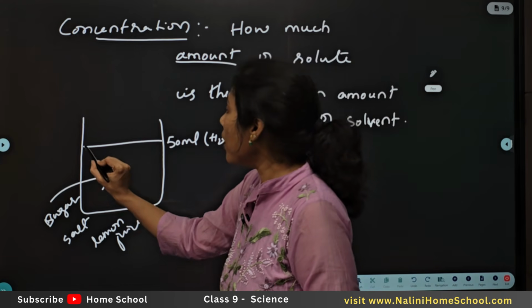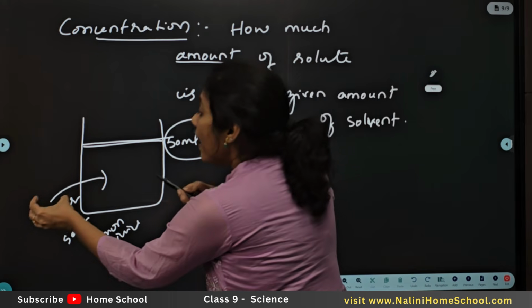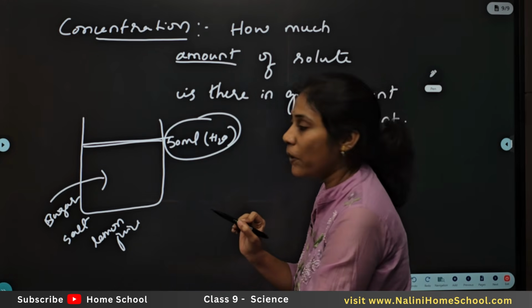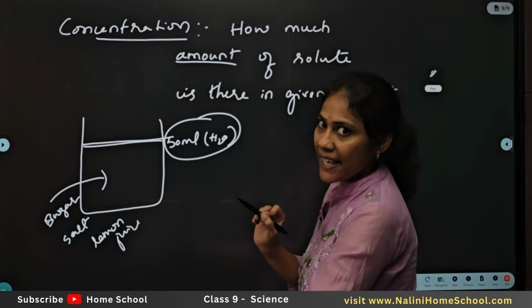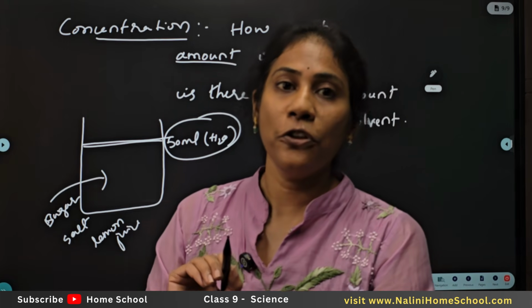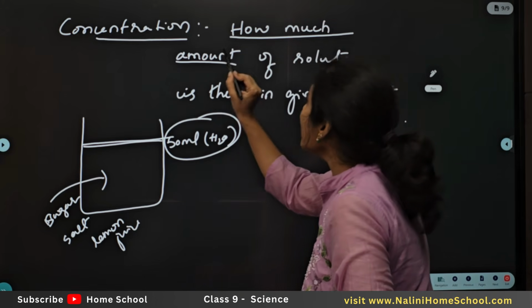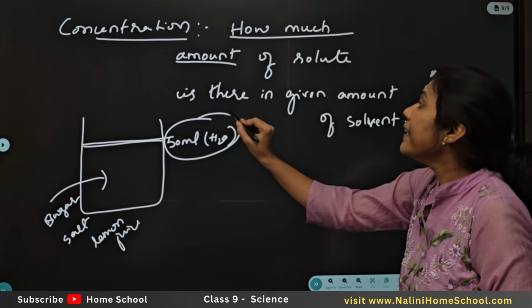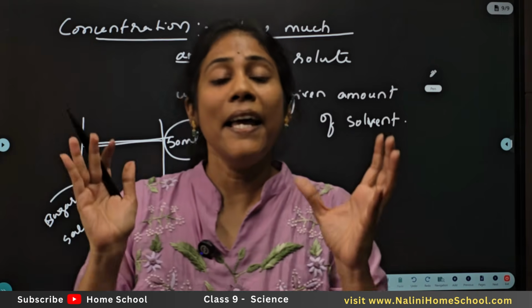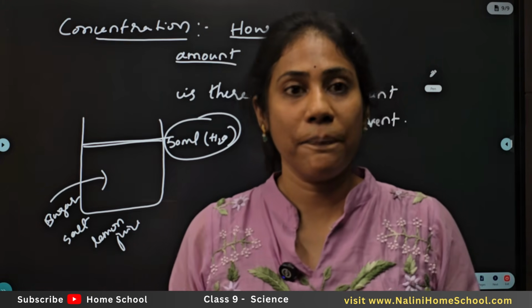Water. So your water is the solvent. So in this fixed amount of water, how much sugar is there? Very important to know. How much salt is there? Very important to know. How much lemon juice is there? Very important to know. Okay, so concentration is all about how much amount of solute is dissolved in a given amount of solvent, called the concentration of a solution.